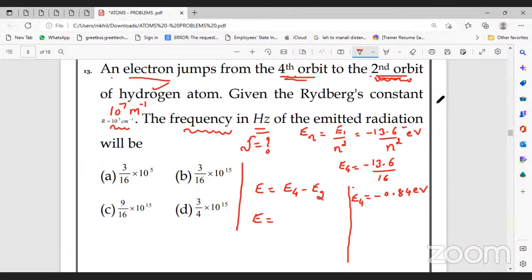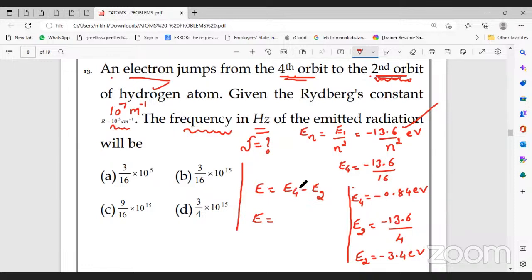In the same formula, that is minus 13.6 divided by 2 squared, that is 4. That is minus 3.4 electron volt.